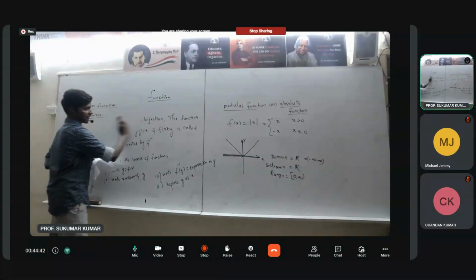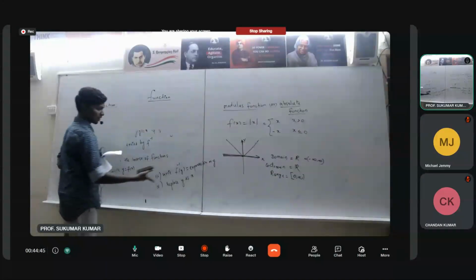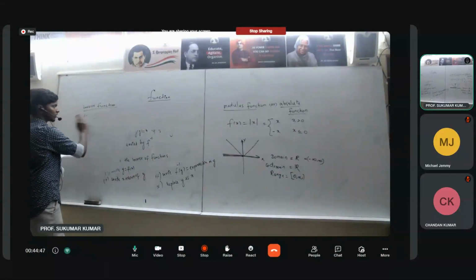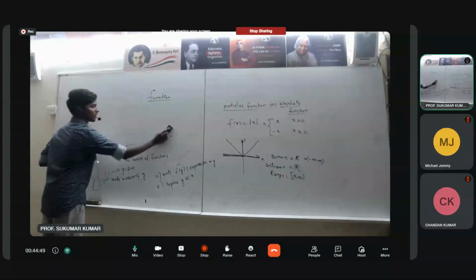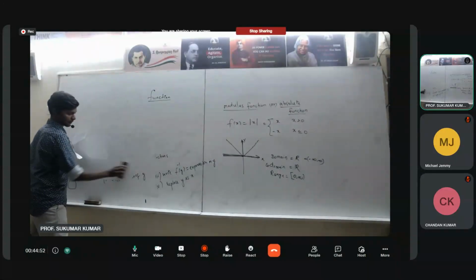Now, how can we find the inverse? There was a formula, and also how to find onto functions and so on.